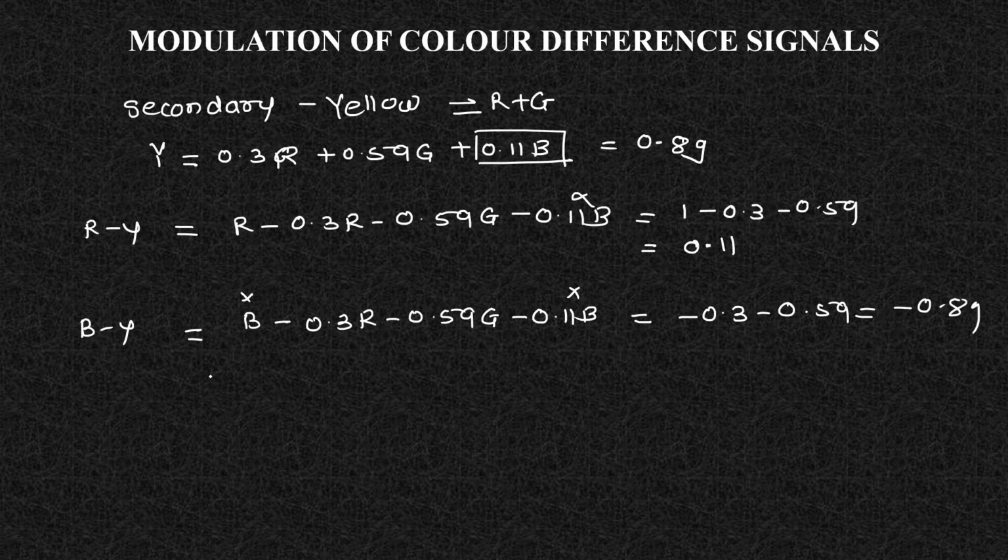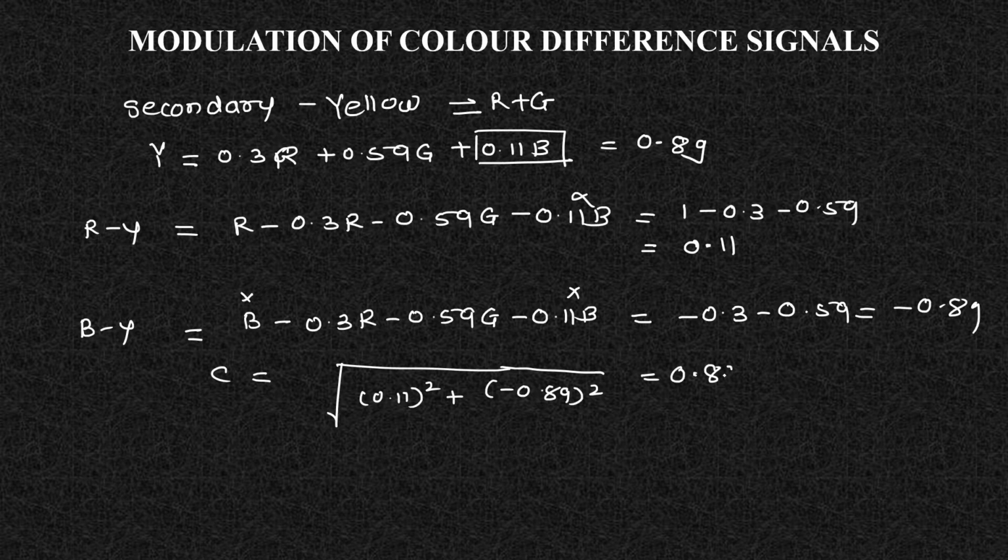So if I'm interested in the resultant, it is 0.11 squared plus minus 0.89 squared. Okay. So if I put all these things over here and take the square root of this answer, I get 0.89.